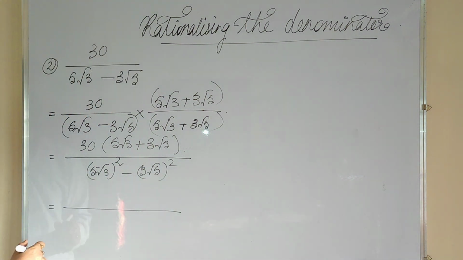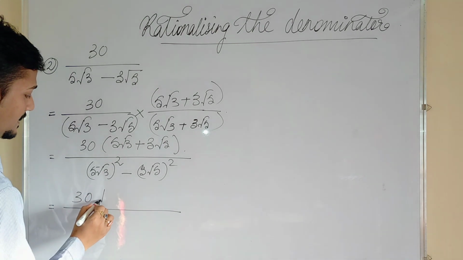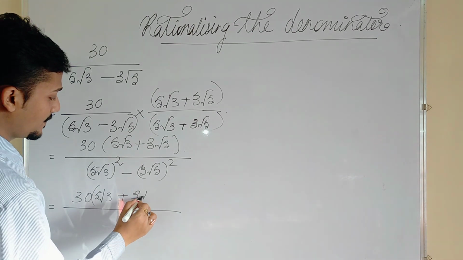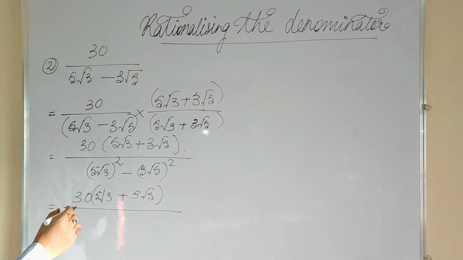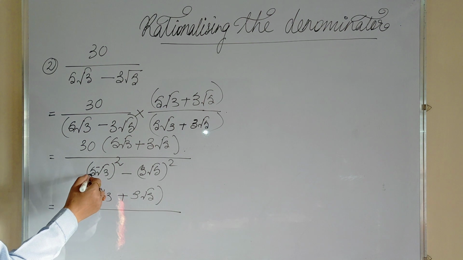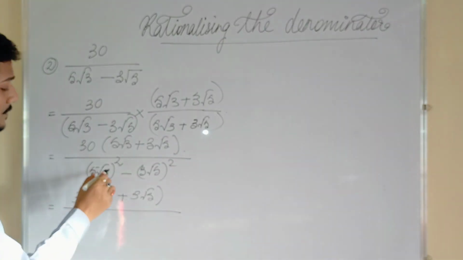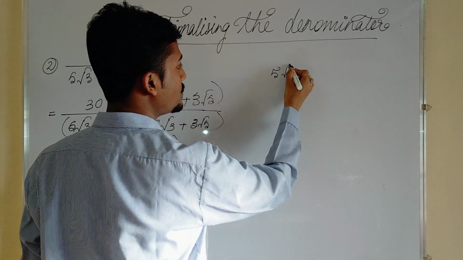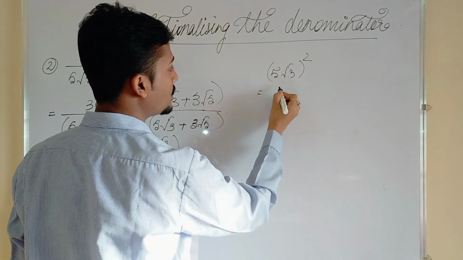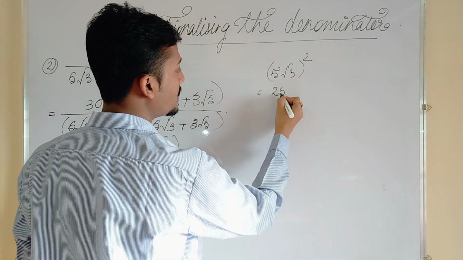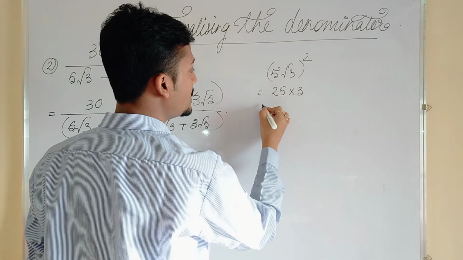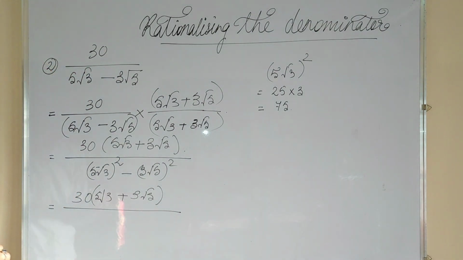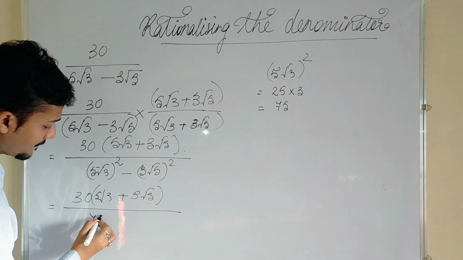Next, 30 into 5 root 3 plus 3 root 5. Now, if we find the whole square of 5 root 3: 5 root 3 whole square is 5 fives are 25 into root 3 into root 3, which is 3, so it is 75.